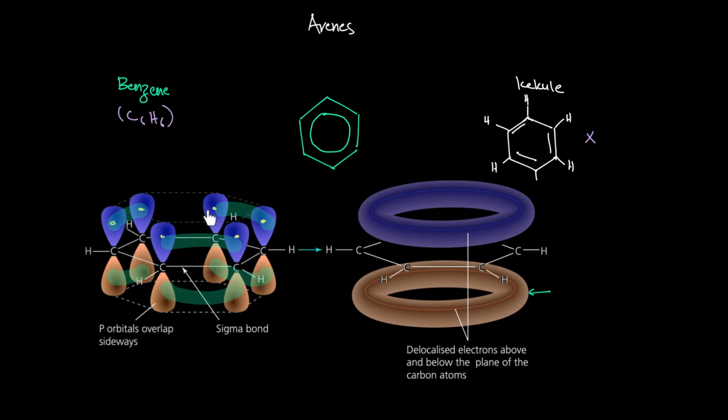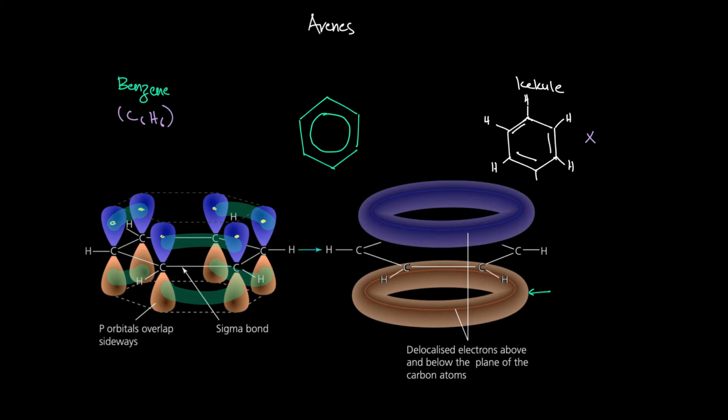The electrons are delocalized over all 6 carbon atoms, free to move anywhere over the entire molecule.